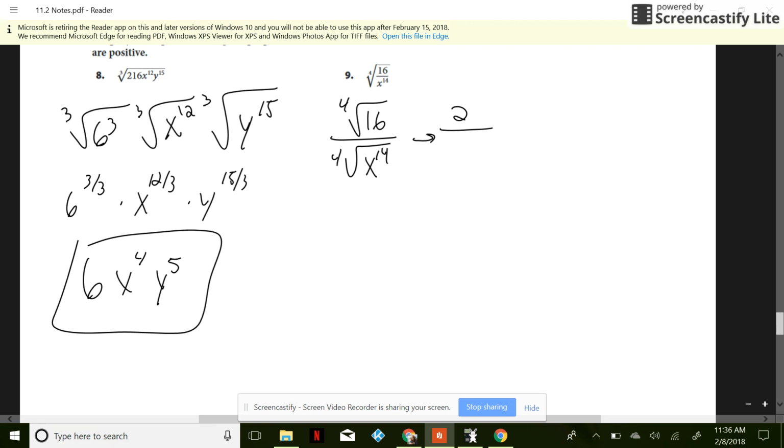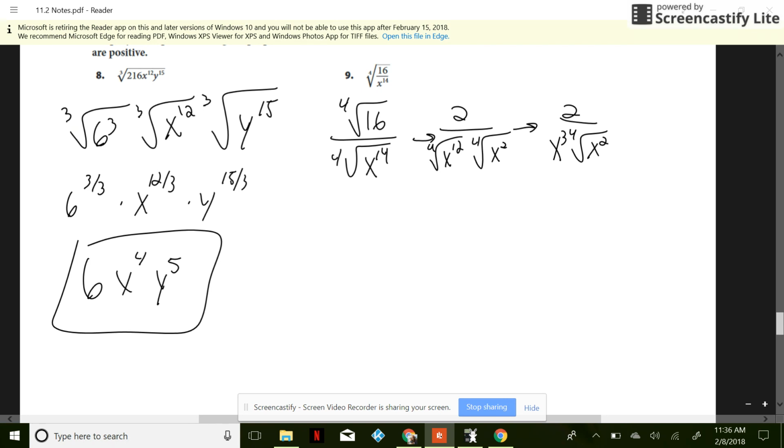So we want to actually break apart that denominator into something that will divide evenly into that 4th root. So we can break it up into x to the 12th and then the 4th root of x squared, because those powers will add to the 14th. From there, that x to the 12th, the 4th root of that, is the same thing as x to the 12 over 4, which is just an x cubed. We still have that 4th root of x squared.